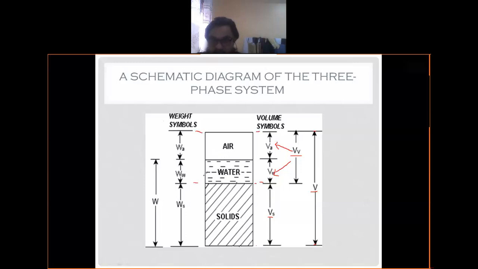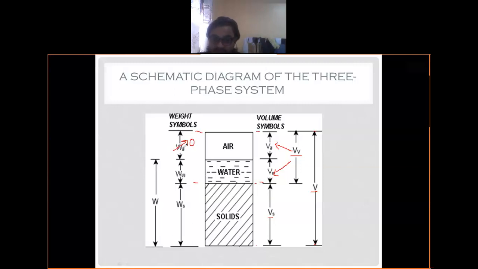What is the weight of water? It is denoted by capital W with small w, Ww. So Ww represents the weight of water. Wa represents the weight of air. But in this case, Wa is so negligible, very small, that we can neglect it.